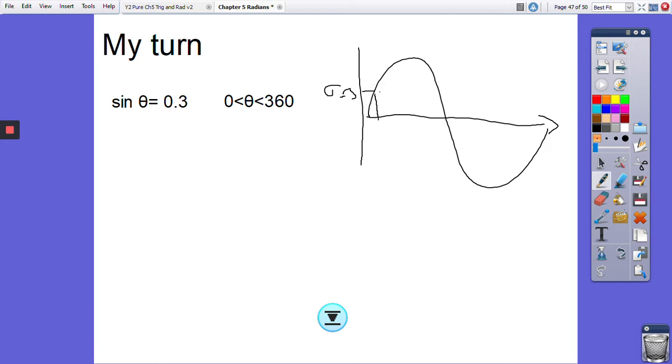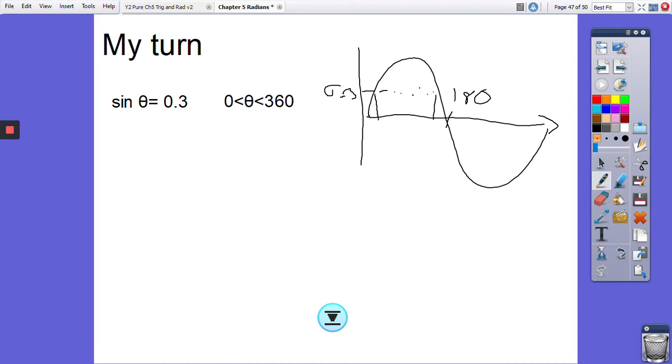You'll also note that we'll have a second value here. This point here at the moment is 180 degrees. So the second value we'll get by taking it away from 180 degrees.